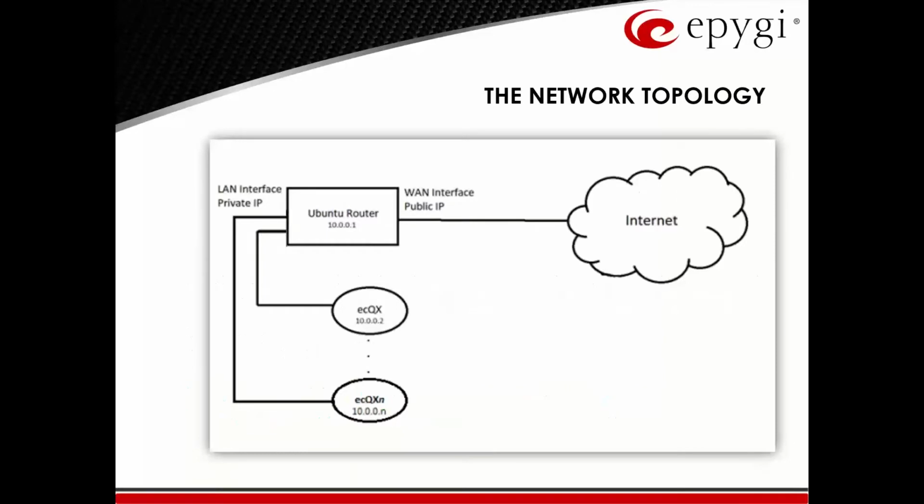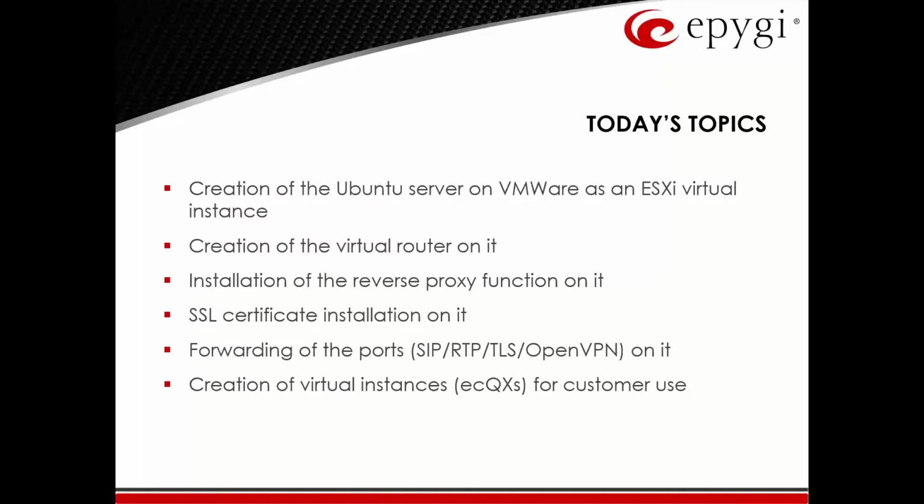The network topology looks like this. We will cover the following today. We will create the Ubuntu server on VMware as an ESXi virtual instance. We will create the virtual router on this server.